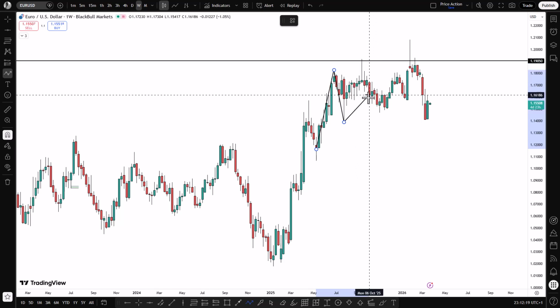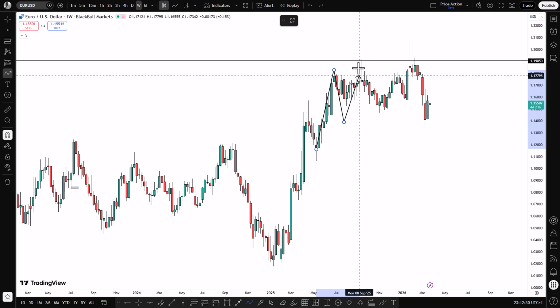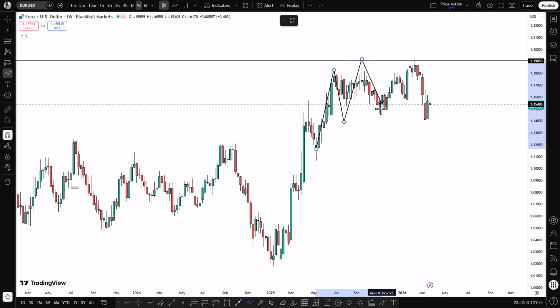Okay, so we went from forming the market structure of an uptrending market, which is constituted by the formation of higher highs and higher lows, to all of a sudden price struggling to break above this resistance area. Okay, so this would have been our first warning sign that this particular uptrend might just be coming to an end, or we might just be having some consolidation or whatever the case might be.